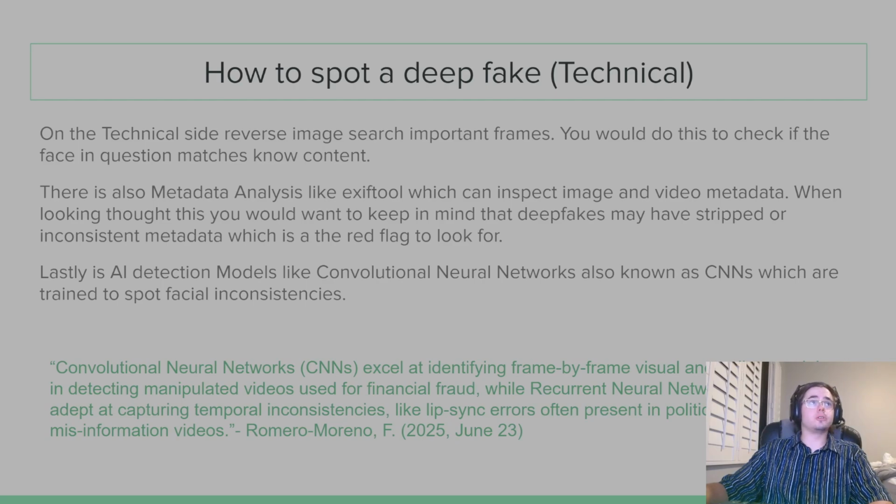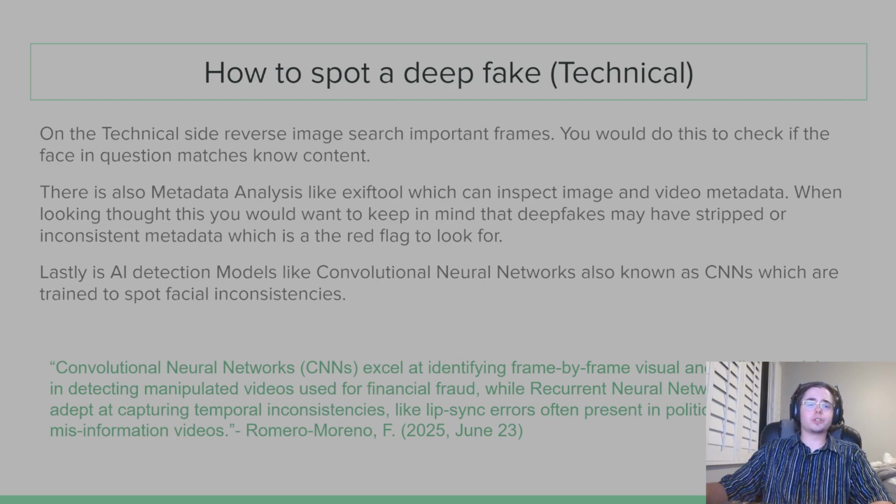It can show you the geolocation and a whole bunch of other data inside the metadata for not only images but also video. Keep in mind that with deepfakes, much of that data might have been stripped or is very inconsistent, which is an immediate red flag. And last, which I feel like is going to be only for the future because eventually deepfakes are going to get too good, are AI detection models like convolutional neural networks, known as CNNs, and RNNs.